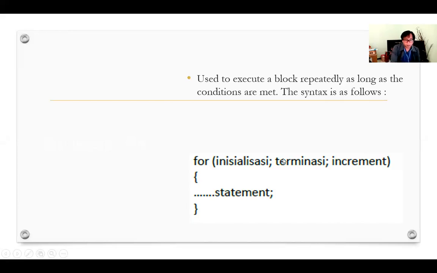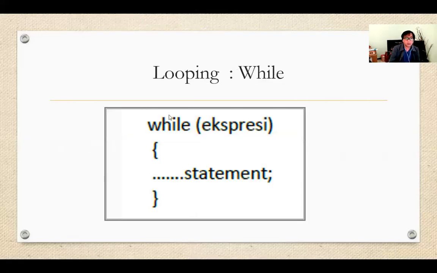The other block would be the while loop. In a while loop, it's quite different. You will not see the increment value inside the parameter. The while loop only requires one parameter, which is the expression or the condition.